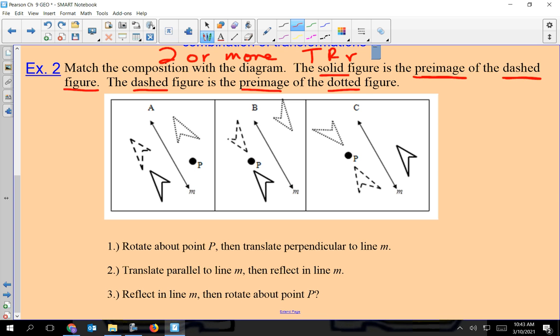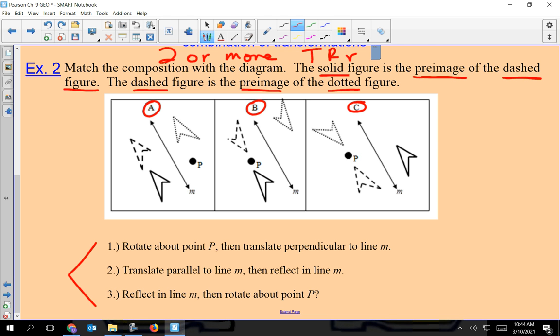So right down here, we're giving you some rules, just written out in sentence form, and we have to match the rule to picture A, B, or C, okay? All right. So I'm going to move pretty quick. So once again, if you need to hit pause, you can get your notes caught up and then hit play and come back, okay?